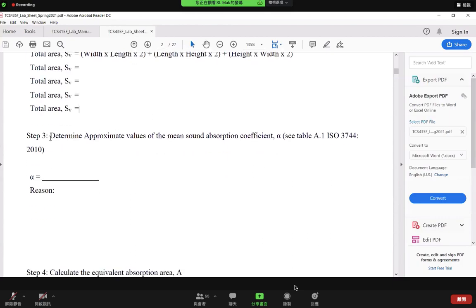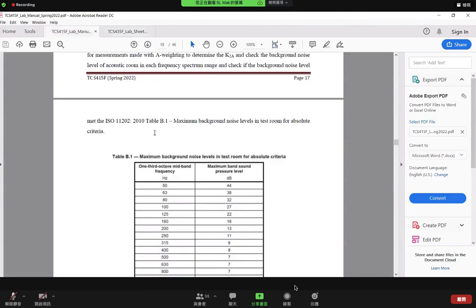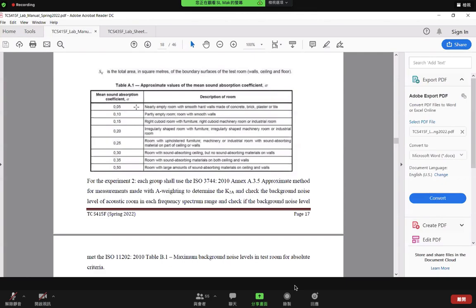Step 3, determine the approximate value of the mean sound absorption coefficient. You are required to refer to table A1, mean sound absorption coefficient, alpha, and select the appropriate one.